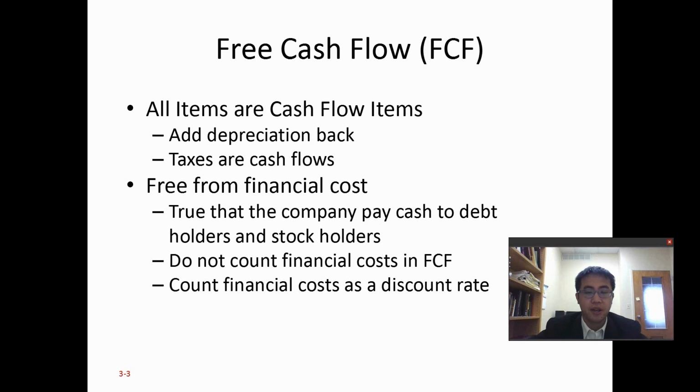In chapter 20, we learned we're going to count them as part of the cost of capital, which is a percentage. Basically, if the company paid $10 million for interest, assuming $100 million debt, then the cost of debt is 10 million divided by 100 million, which is 10%.